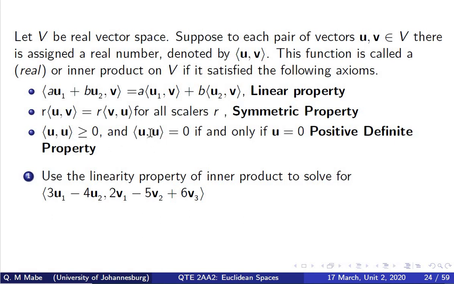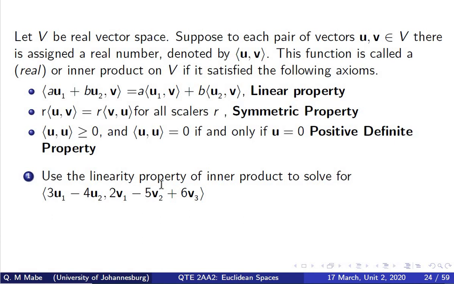And if u dot u is equal to 0, that can only happen if u is equal to 0. This property is known as the positive definite property.